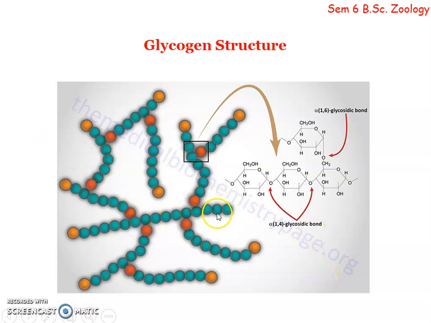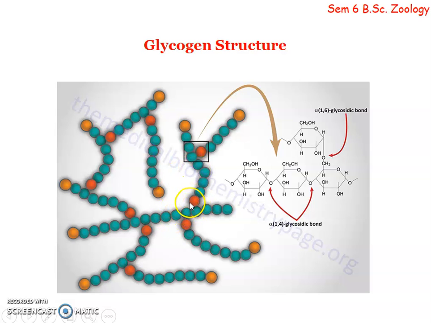Here you can see this is one chain. Here there is a branching, and here there is a branching, yet another branching, and likewise the glycogen structure is a branched structure. In the straight chains, the monosaccharide units are connected by alpha 1,4 glycosidic bonds, just like we have seen in maltose: two D-glucose units connected by an alpha 1,4 glycosidic bond.